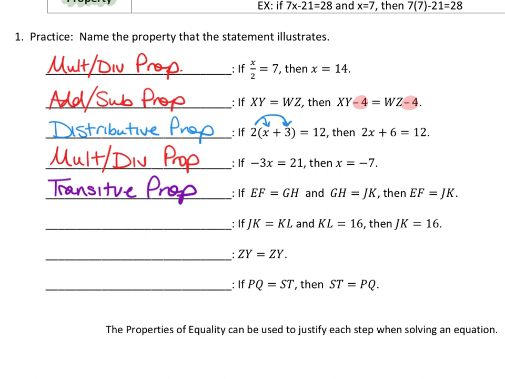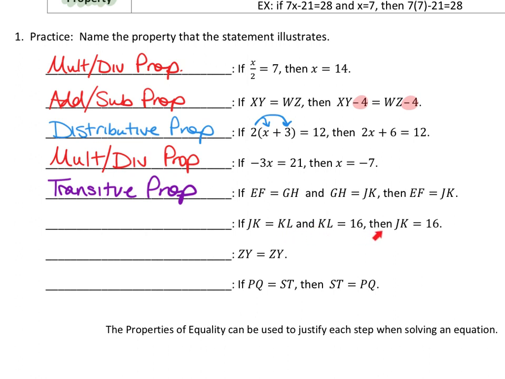Okay, cool. It says, if JK equal to KL, and KL is 16, then JK is 16. What allows me to do that? I have JK equal to KL, and then KL is 16.